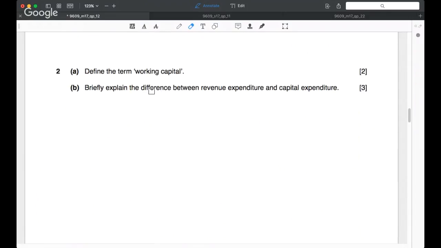Revenue expenditure is spending on all of your costs and assets other than your fixed assets, and it includes things like wages, raw materials, and maintenance of your fixed assets. Capital expenditure is spending on assets, so it's buying new machinery, new property, new vehicles. Of course, your capital expenditure will depreciate over time.